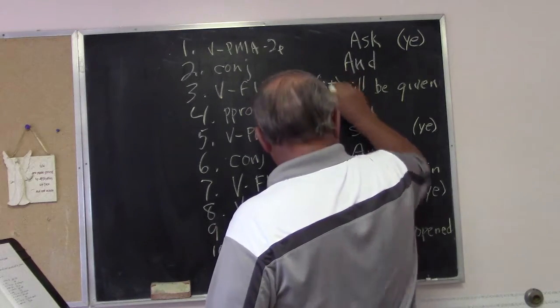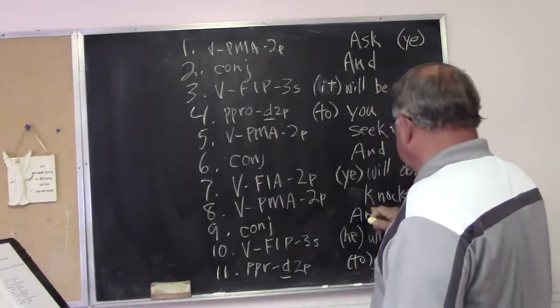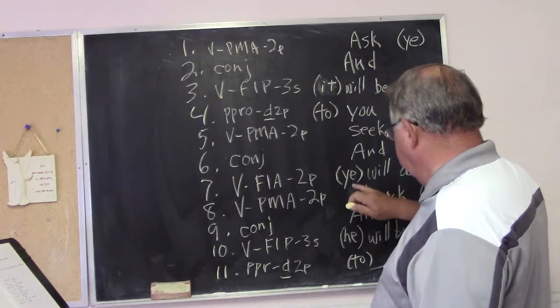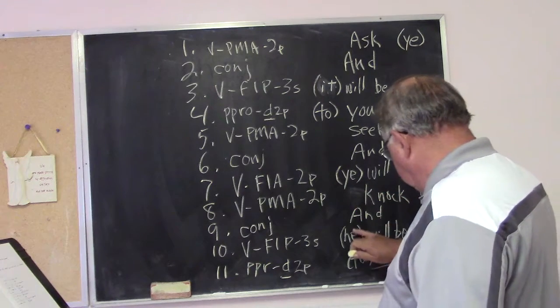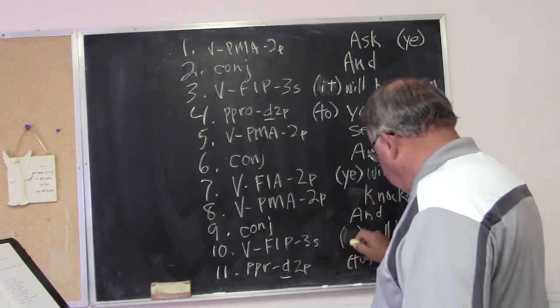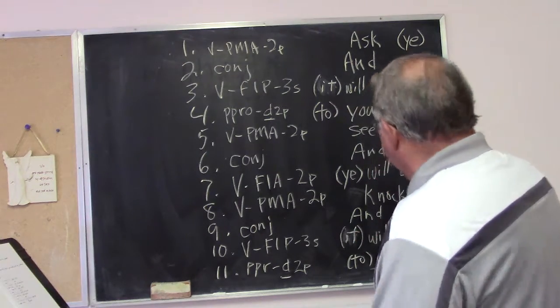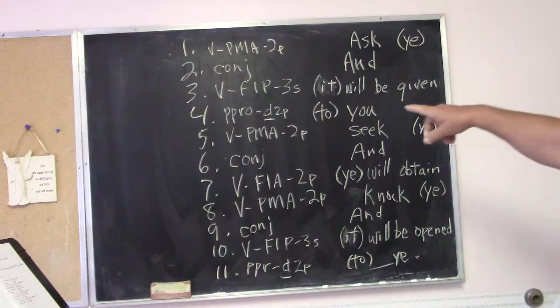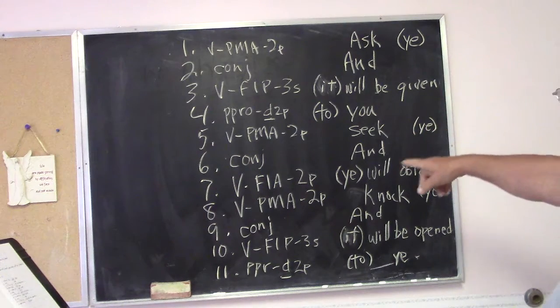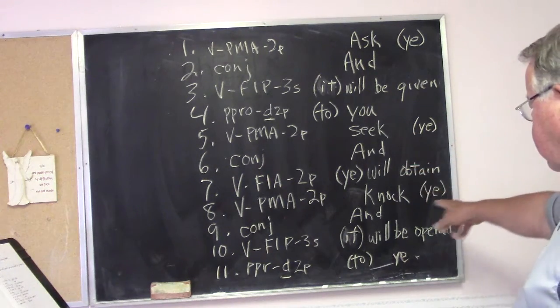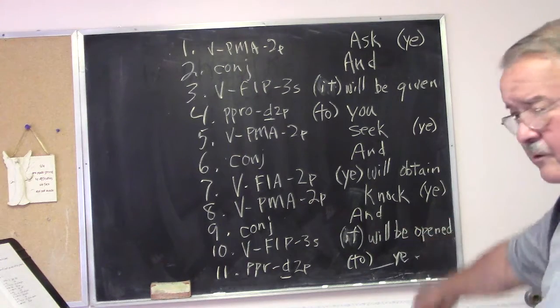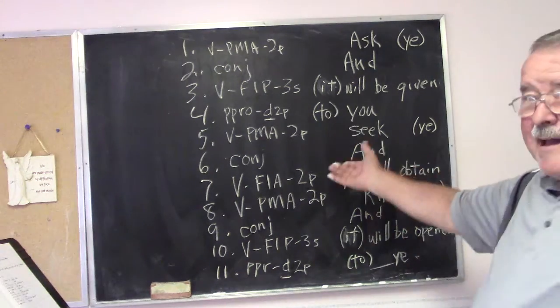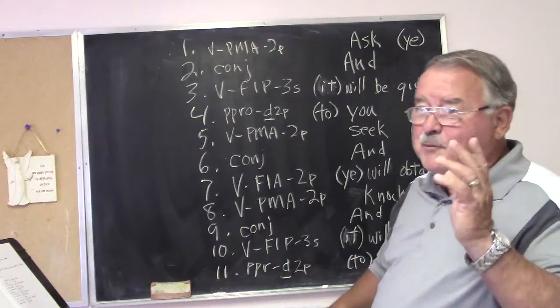We'll probably find they're all changed that way. Seek, and ye will obtain. So: ask ye, and it will be given to you. Seek ye, and ye shall obtain. Knock ye, and it will be opened to you. Ta-da! I've heard that verse somewhere before.